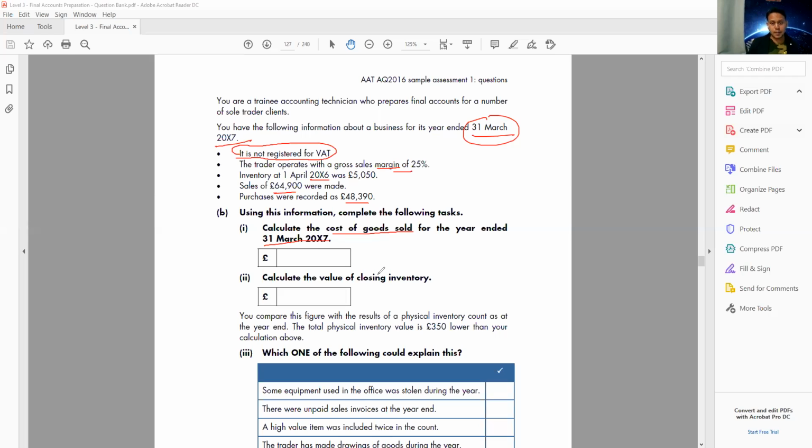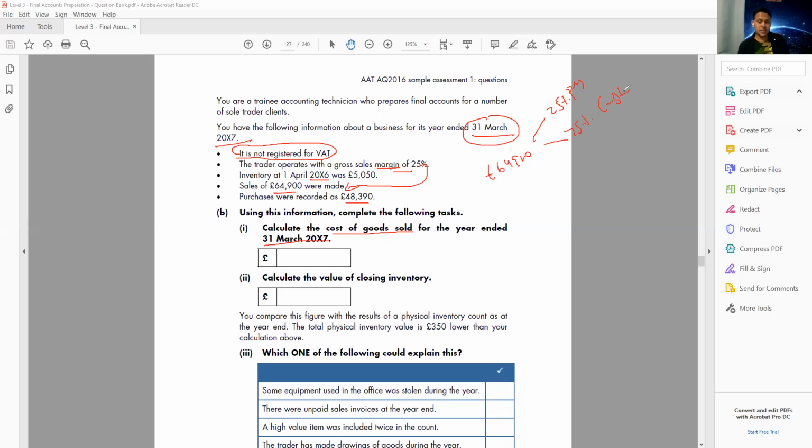If my profit is 25% on sales, then 75% will be what? The cost, isn't it? Of this 64,900, the profit is 25%, then 75% will be cost. That's very simple, isn't it?